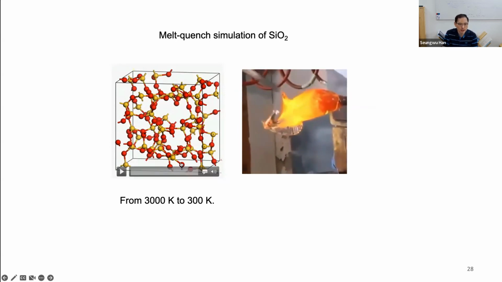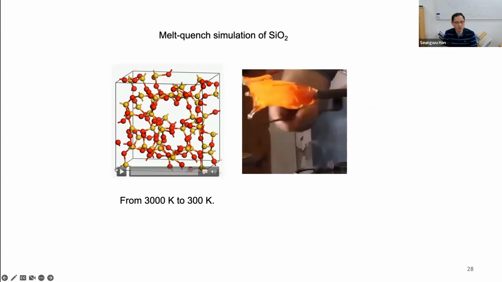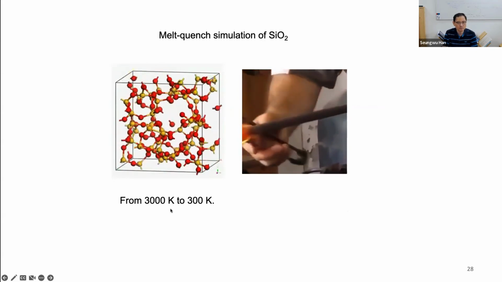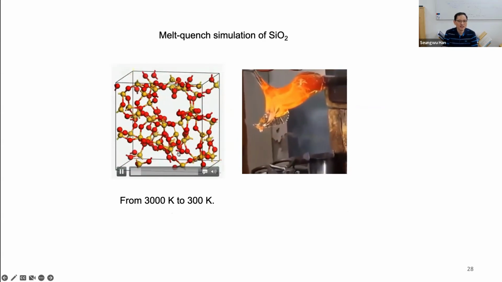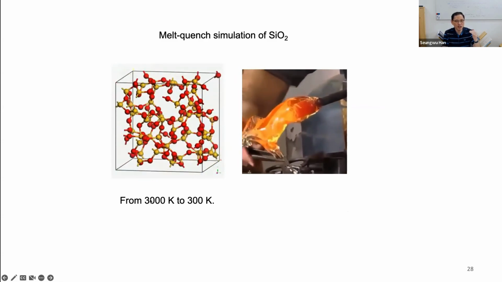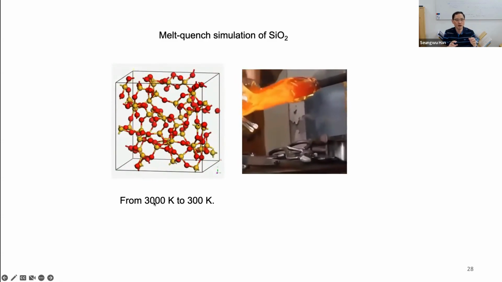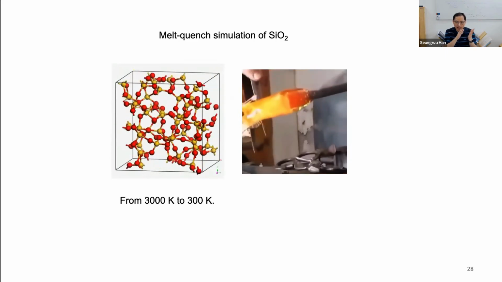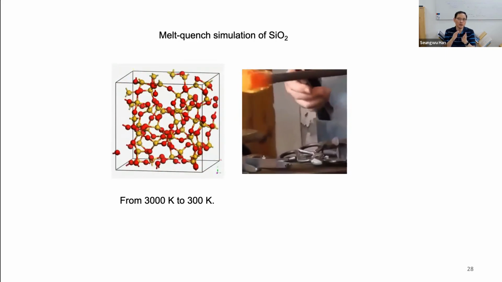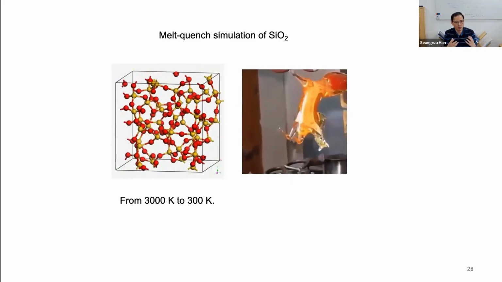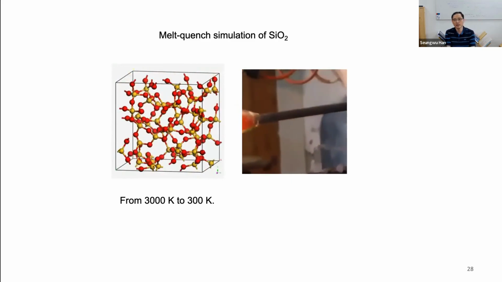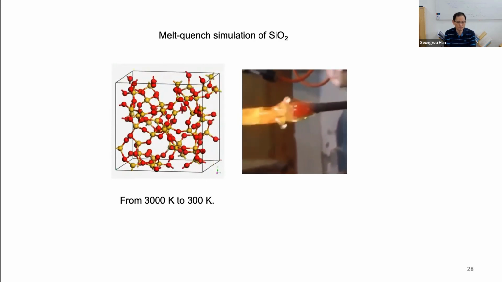So we can simulate such a melt-quench process within the simulation. Right. So in the high temperature liquid state, atoms are moving around, but as it cools down and passes through the glass transition temperature, it solidifies into the amorphous structure. And finally, we can obtain the amorphous structure.